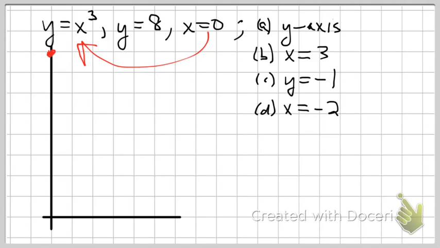If you plug in 0 for x, you also get 0, 0. If I plug in 8 for y, I get 2. So 2, 8. So y equals 8 is horizontal, x equals 0 is vertical, and of course y equals x cubed is the snake, right? One of my finer graphs.